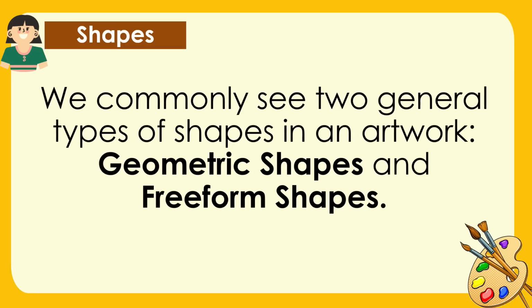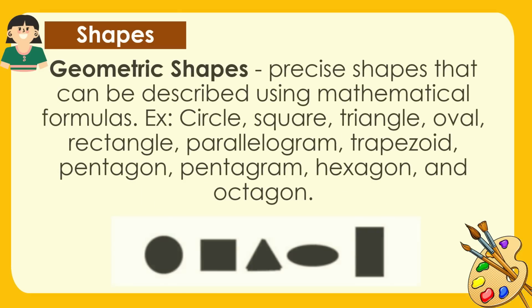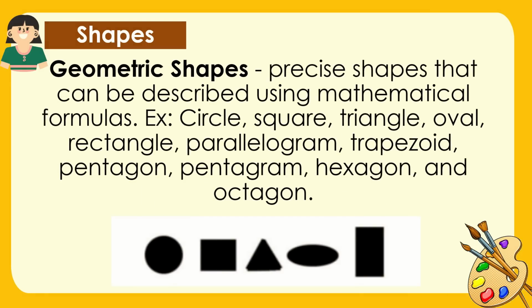We commonly see 2 general types of shapes in an artwork: geometric shapes and free-form shapes. Geometric shapes, precise shapes that can be described using mathematical formulas.